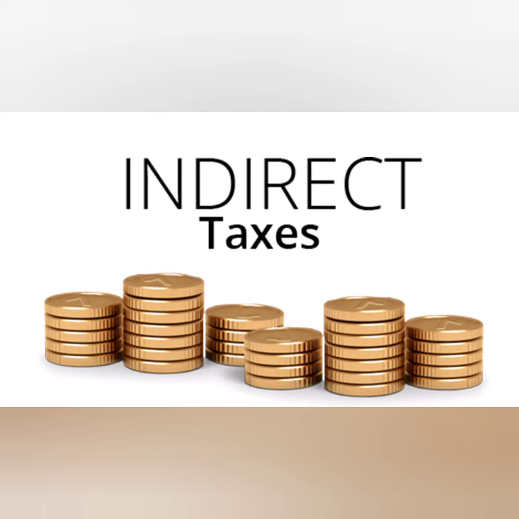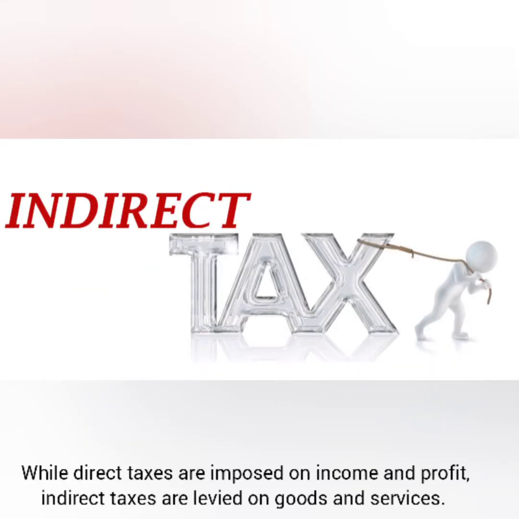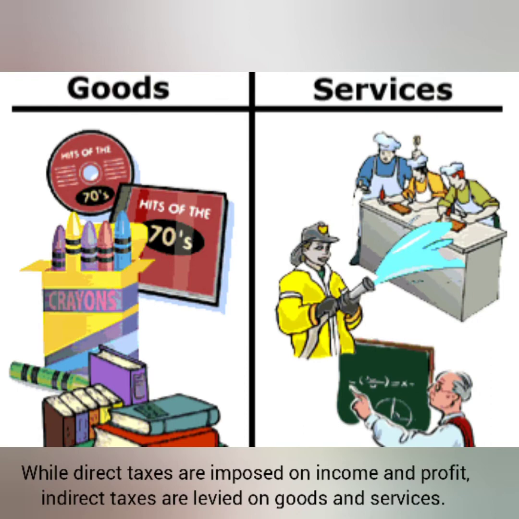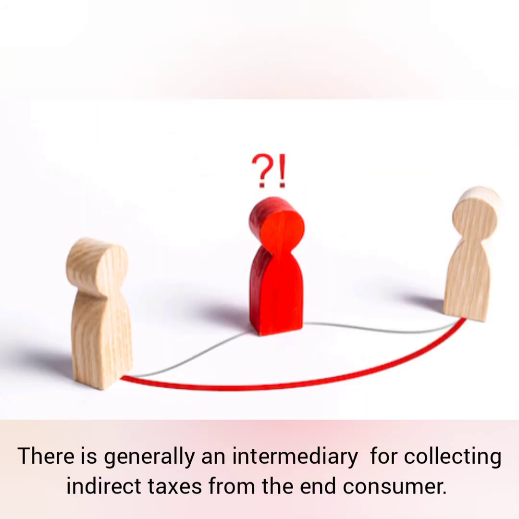What is indirect tax? While direct taxes are imposed on income and profits, indirect taxes are levied on goods and services. A major difference between direct and indirect tax is the fact that while direct tax is directly paid to the government, there is generally an intermediary for collecting indirect taxes from the end consumer.